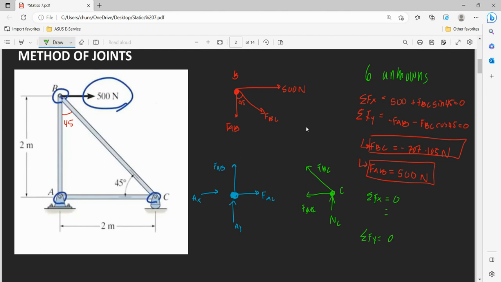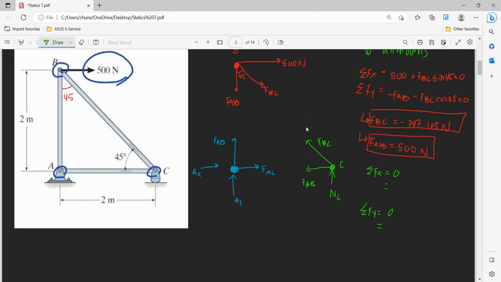This is equal to, okay. So our upwards force, this is positive our normal, and this is minus FAC minus FBC. This is 45. And this would be cos 45.